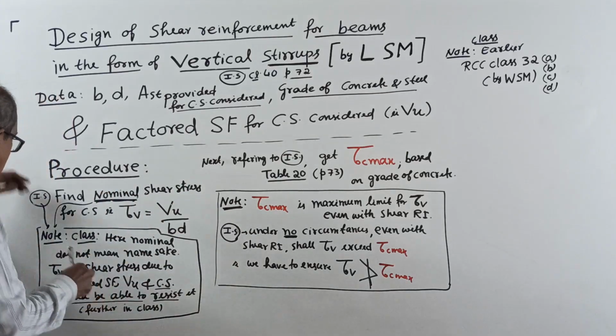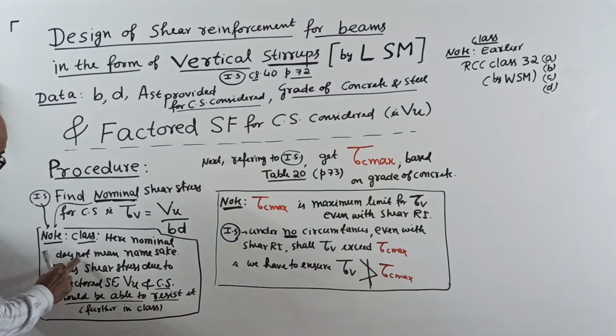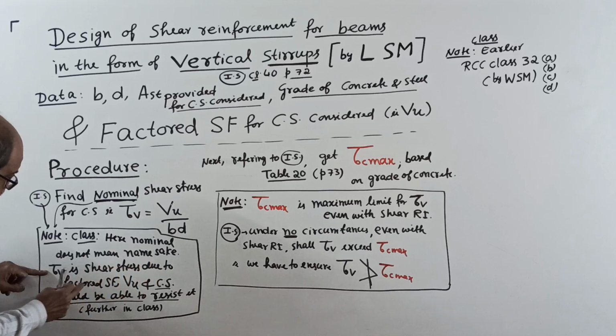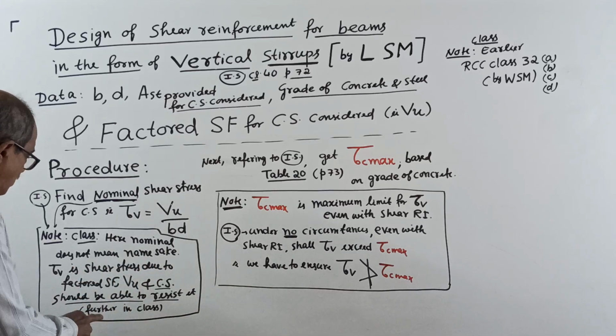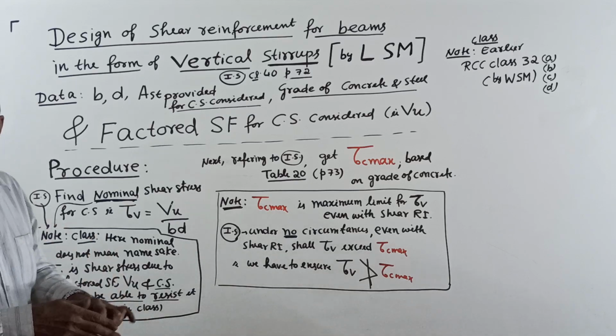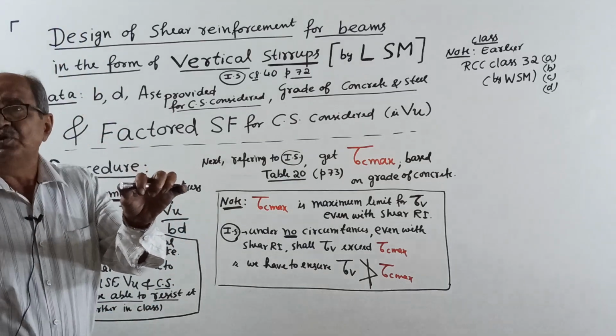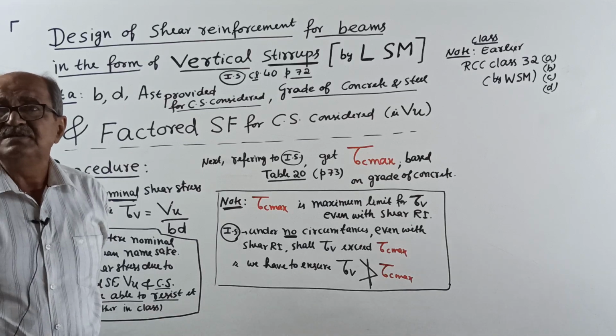Remember, here nominal does not mean namesake. Tau V is the shear stress due to factored shear force VU. Due to shearing force, how much shear stress, that is tau V.